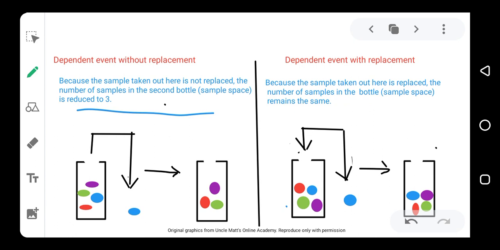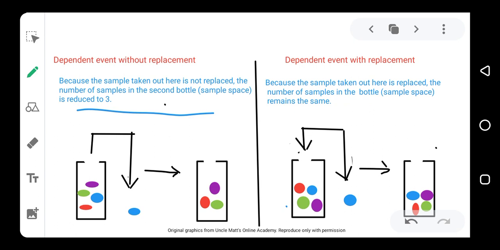So this shows that in a dependent event without replacement, the total number of the sample space will keep reducing after each event. If you pick without replacing it, it will reduce the sample space.